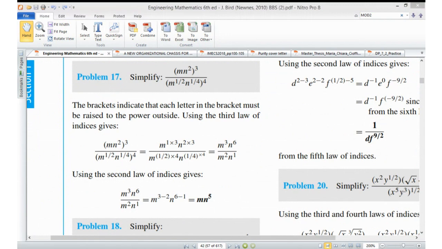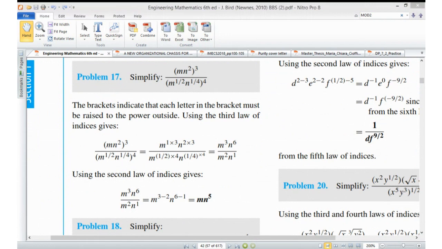The instruction is given there very strictly. The brackets indicate that each letter in the bracket must be raised to the power outside. This is very important. You don't raise m to power 3 and forget about n, or vice versa.